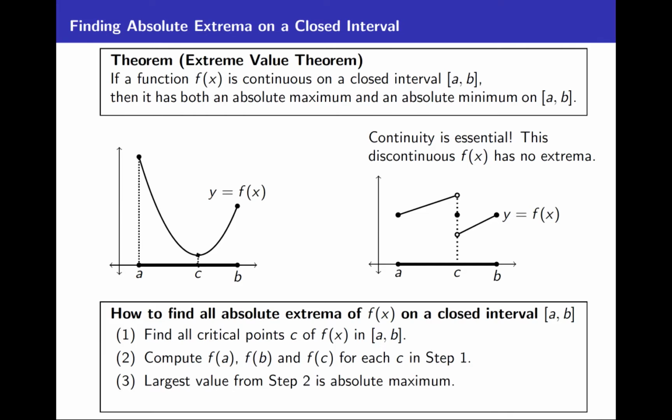Just as in our examples, the largest value from step 2 is your absolute maximum, and your smallest value from step 2 is your absolute minimum. So this is the procedure that we're going to use to find the absolute extrema of f whenever it's defined on a closed interval. The interval has to be closed for this to work, so you can plug in the endpoints.